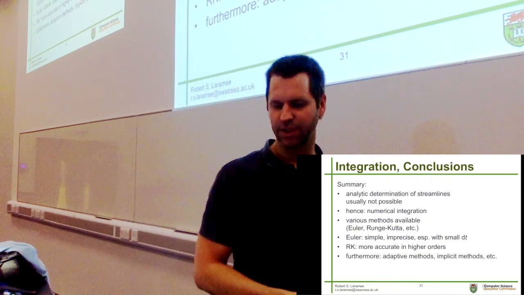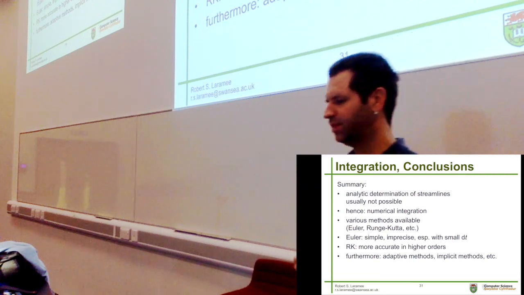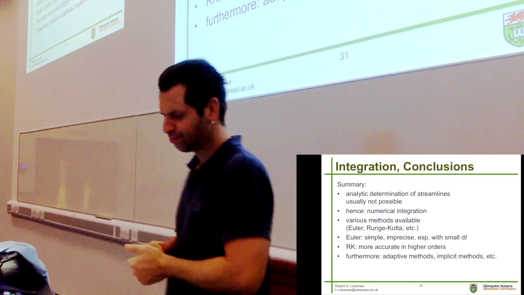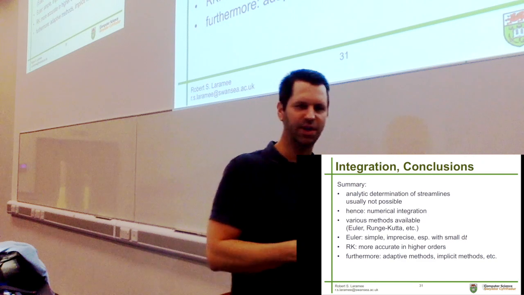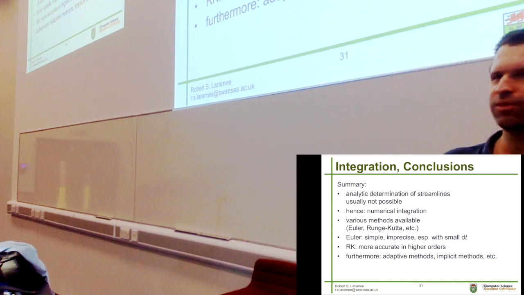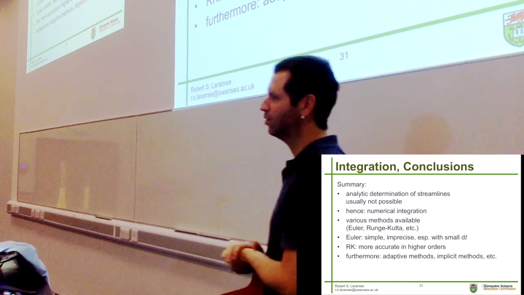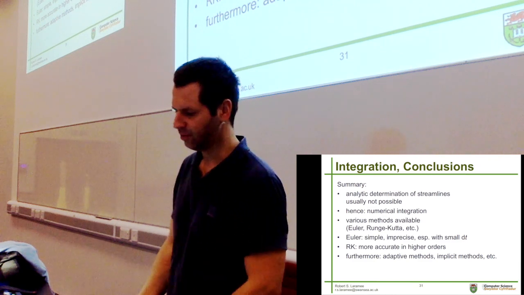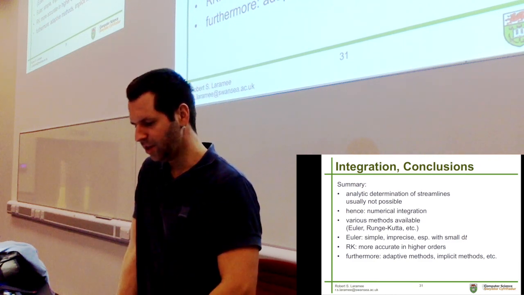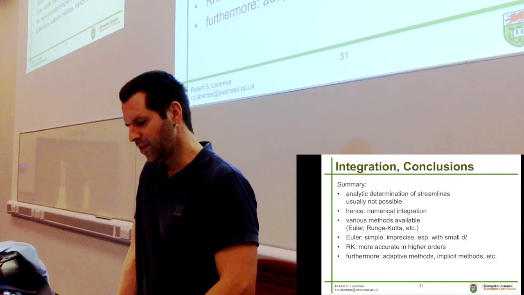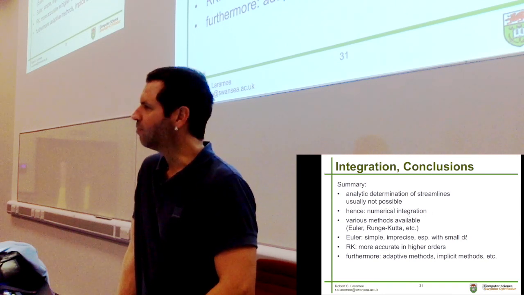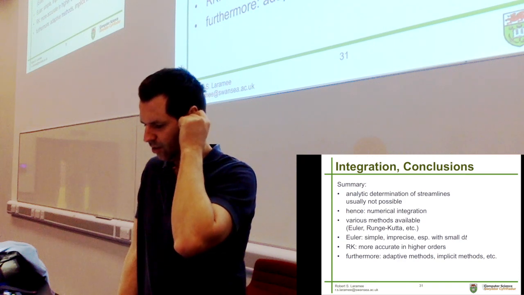So this is the summary of integration. In the ideal world, we would be able to analytically solve or integrate the streamlines, but we can't do that in reality. So we approximate the analytical solution using discrete mathematics. In this case, it's numerical integration.